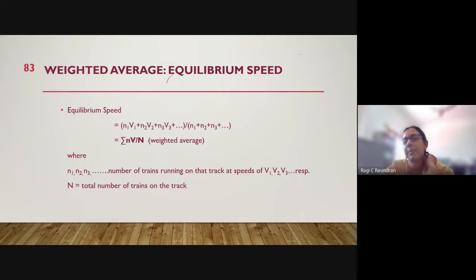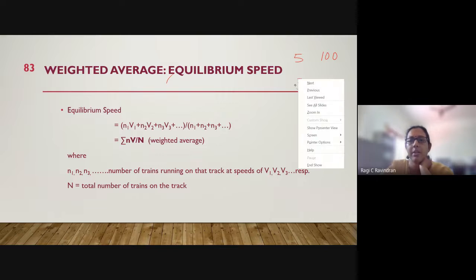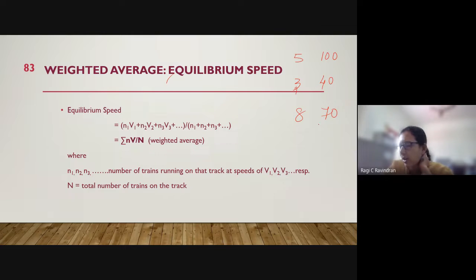Maybe there are five trains moving at a speed of 100 kmph, three trains moving at a speed of 40 kmph, eight trains moving at a speed of 70 kmph, likewise.